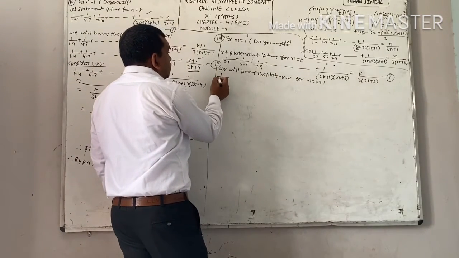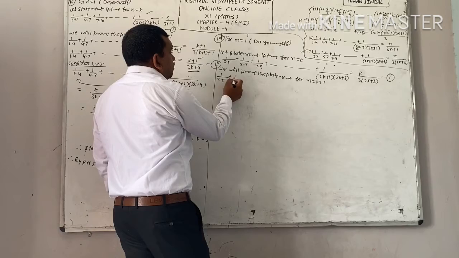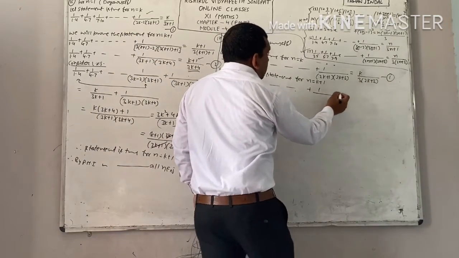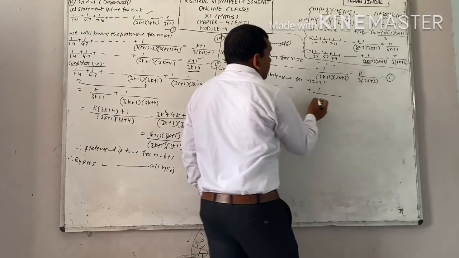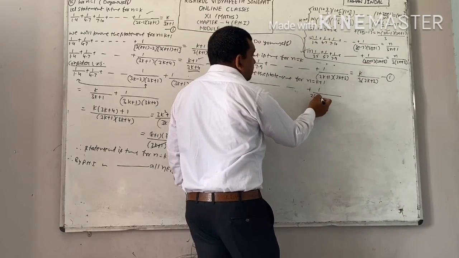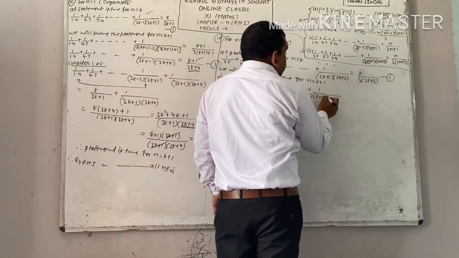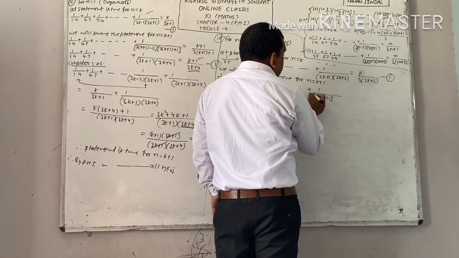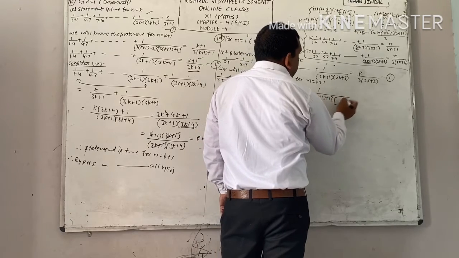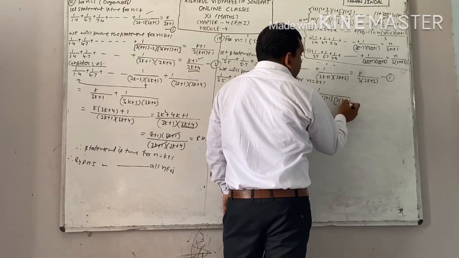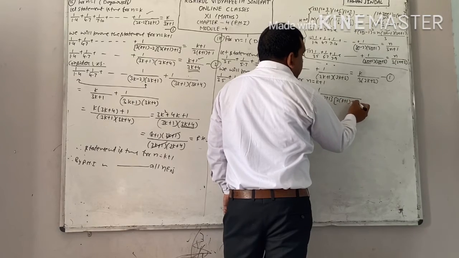See what you get. 1 upon 3 into 5 plus 1 upon 5 into 7 plus up to so on 1 upon. Now see here 2 is multiplied with n. Therefore this 2 will be multiplied with k plus 1. This plus 1 as this. See the next bracket. In the next bracket also 2 is multiplied with n. Now 2 will be multiplied with k plus 1. This plus 3 as this.